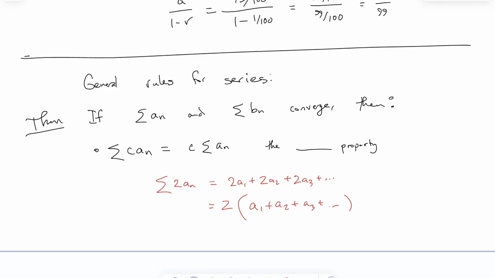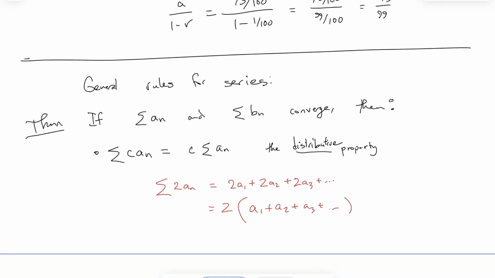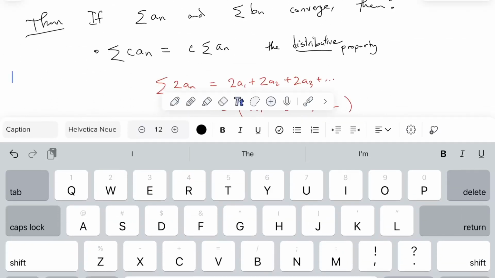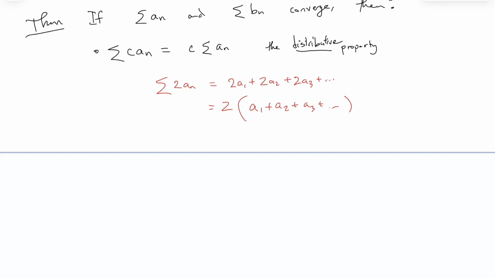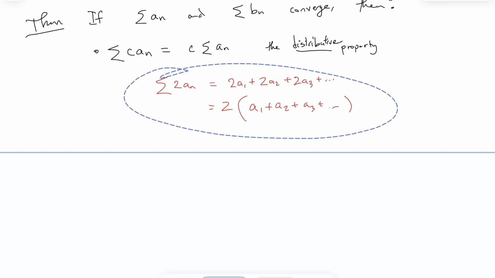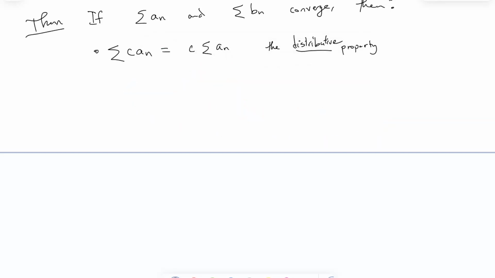Everybody knows the distributive property. Big D. The distributive property, right? That's what that is. Okay, I got another one here. Get out of here, I don't want this clogging up my list. That is the distributive property.